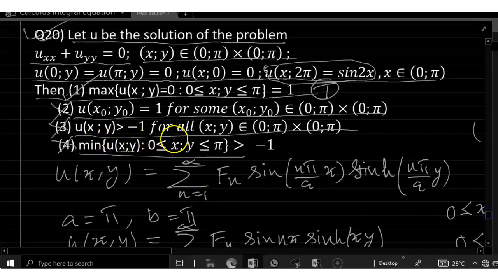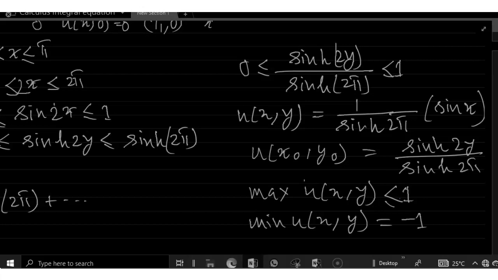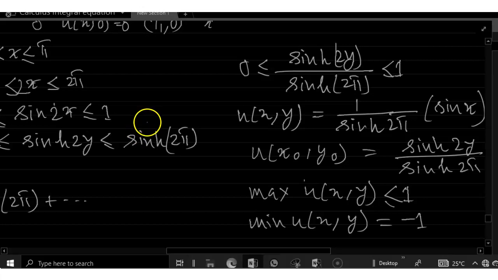So my first option is correct, greater than or equal to. Is it equal to 1? First option is correct. Second option is not correct.